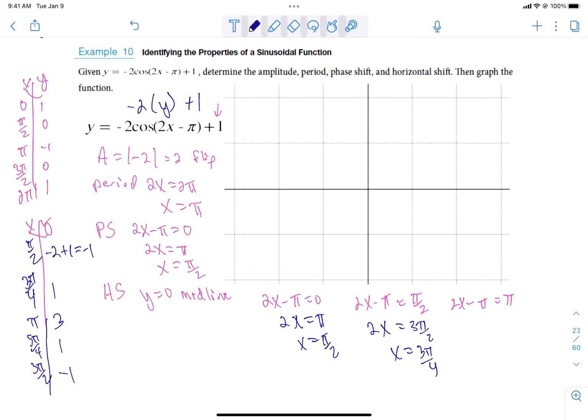Now let's graph. We're going to count by pi over 4s. So 1 pi over 4, 2 pi over 4, 3 pi over 4, 4 pi over 4. That's pi. So think fractions. Those are fourths, pi over 4s. And then up and down, let's go every 2 space sets.